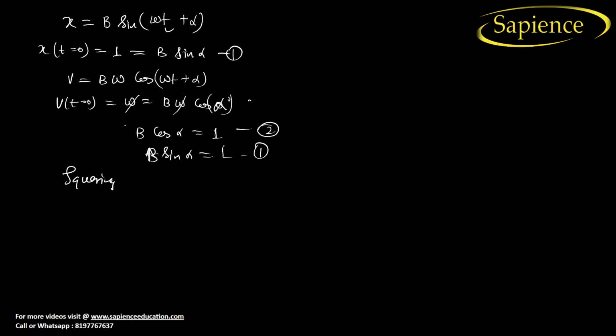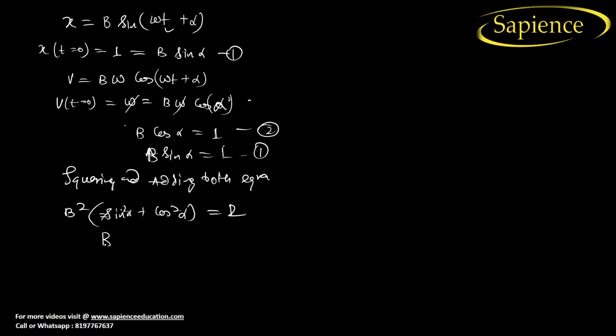Squaring and adding both the equations, we will get b square is equal to b square (sine square alpha plus cos square alpha), and this is equal to 2. So from here, b is equal to plus minus root under 2, or we can put here any value of either plus or minus.